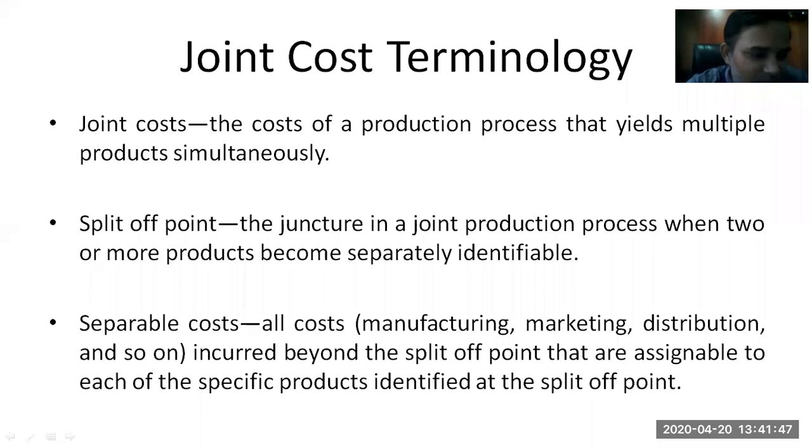Till the point where petrol and diesel get separated, all the cost incurred by the company, that is extraction cost, transporting cost from the extraction point to the refinery, and processing in the refinery up to the point where these two products get separated, is known as a joint cost.